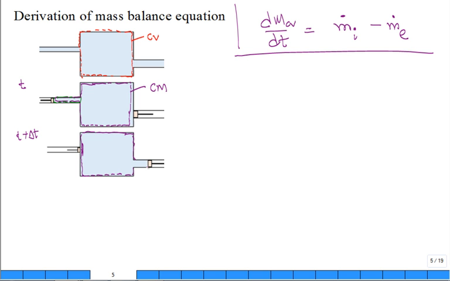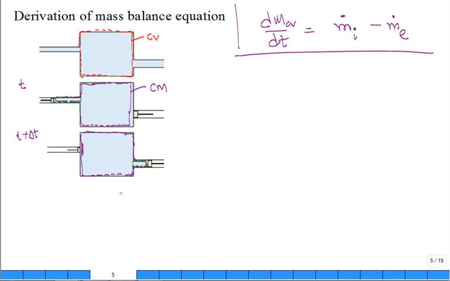It comes over, and then you had some fluid flowing out. This may seem like a really weird way to derive an equation that's easy to understand, but let's do it this way, and then we'll do it for the energy balance.